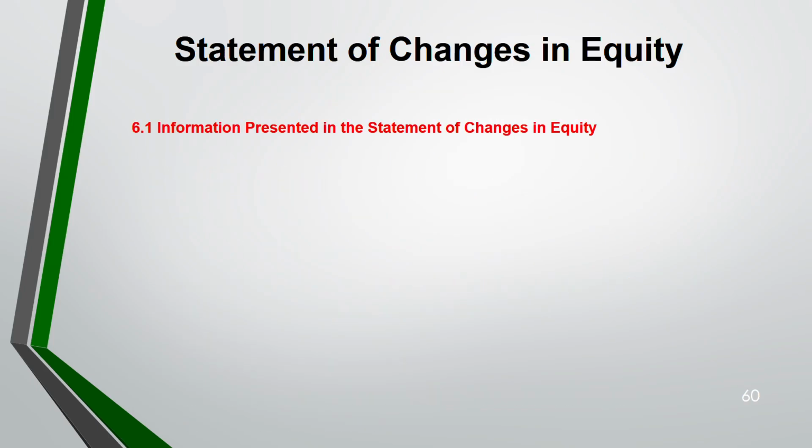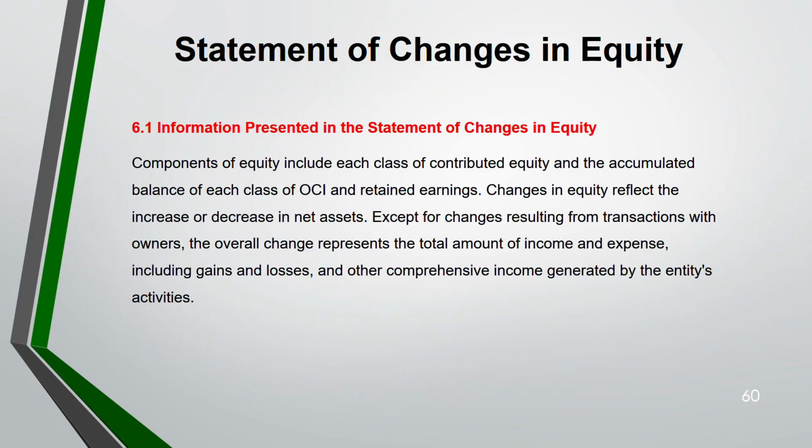Now, components of equity include each class of contributed equity and the accumulated balance of each class of OCI and retained earnings. Changes in equity reflect the increase or decrease in your net assets, except for changes that result from transactions with owners. The overall change represents the total amount of income and expense, including gains, losses, and other comprehensive income generated by the entity's activities.